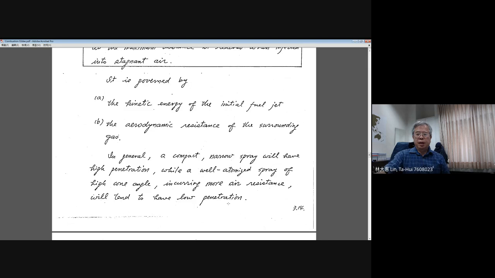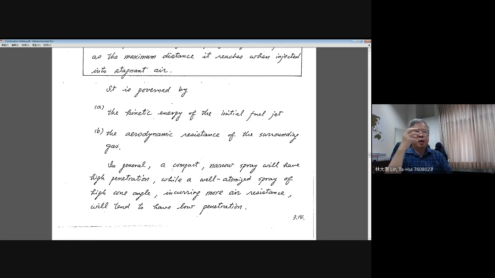Anyway, there are some characteristics that need to be used to check the spray behavior, and later on you can understand how to apply this spray in your spray combustion field. Up to now I just try to give you some understanding. We always use the spray for different kinds of applications, but the spray cannot give you a simple physical characteristic to identify its features.